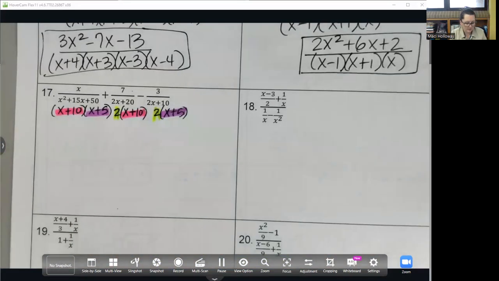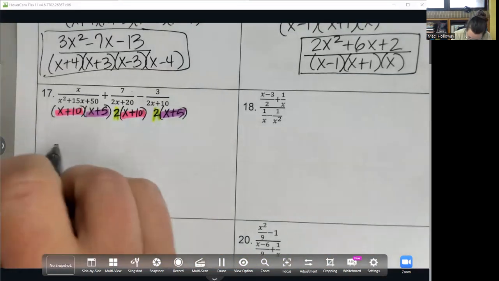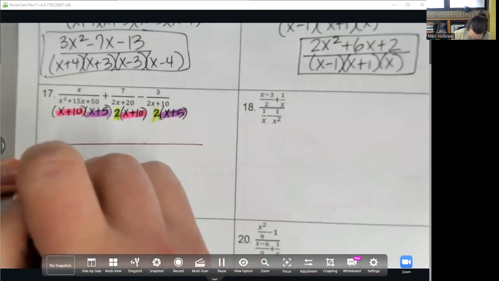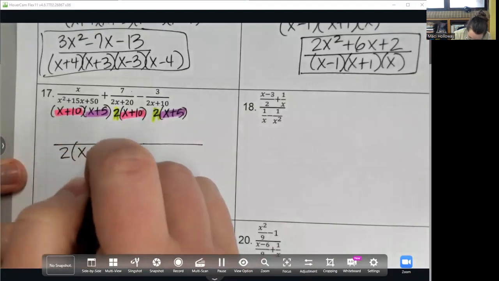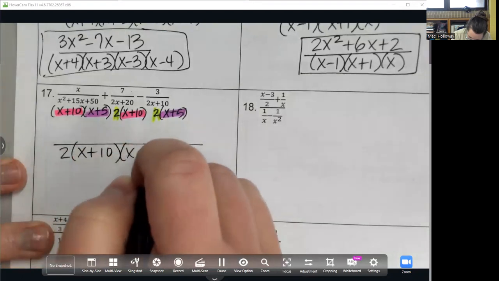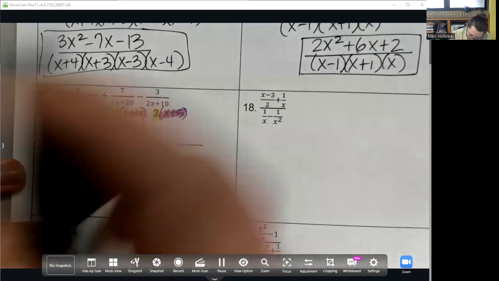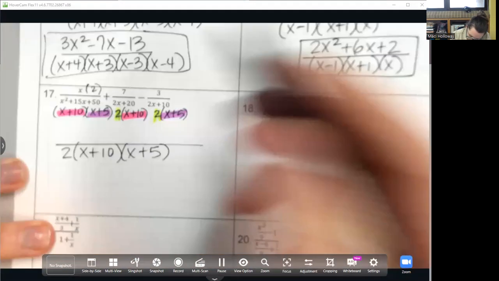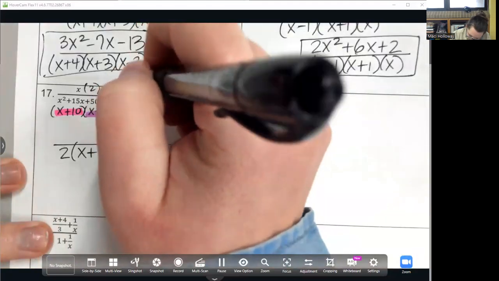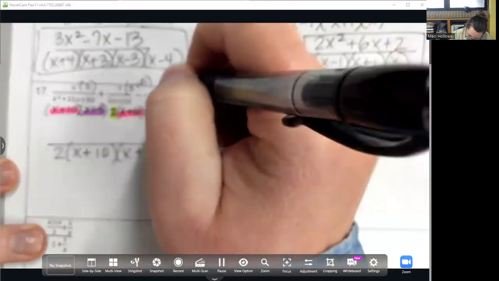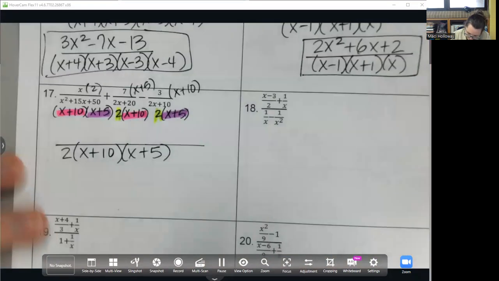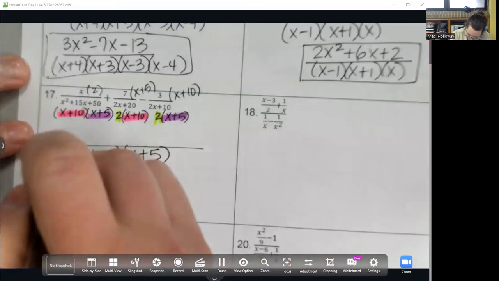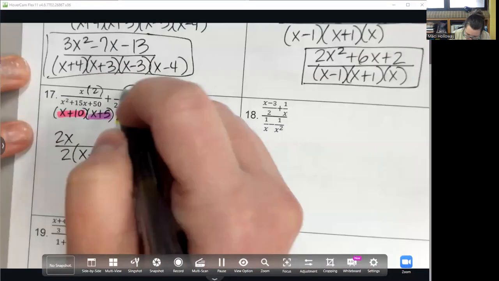So we need all the colors in our common denominator. We need 2, we need an x plus 10, and we need an x plus 5. So what are we missing? This guy's just missing a 2. This one's missing an x plus 5. This one's missing an x plus 10. All right, so let's multiply. We've got to multiply 2x, distribute our 7.